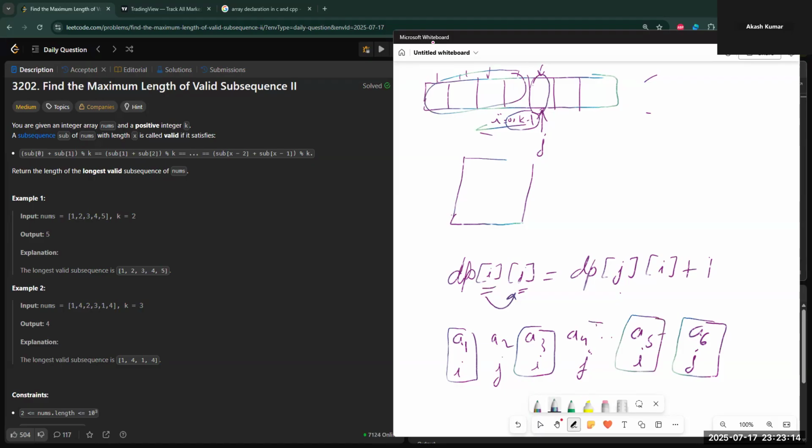The third element from the last would have modulus equal to j.